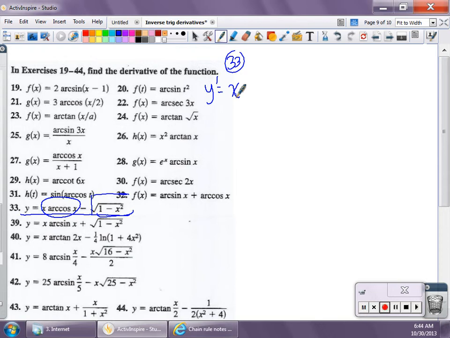The derivative of arc cosine is negative u prime, so that would be 1 in this case, over the square root of 1 minus x squared. And that's the first times the derivative of the second, plus the second, which is arc cosine, times the derivative of the first, which is just 1.